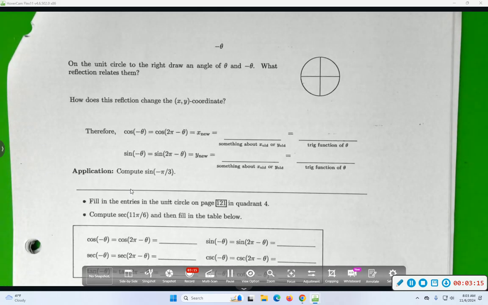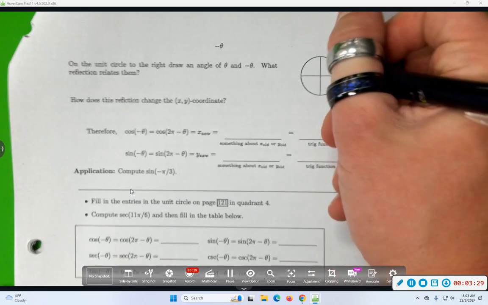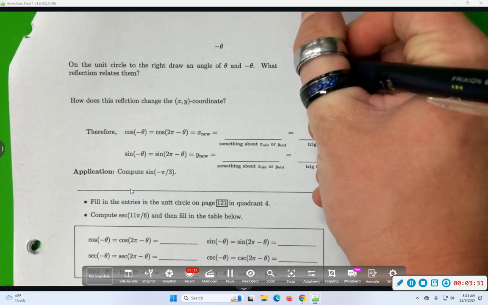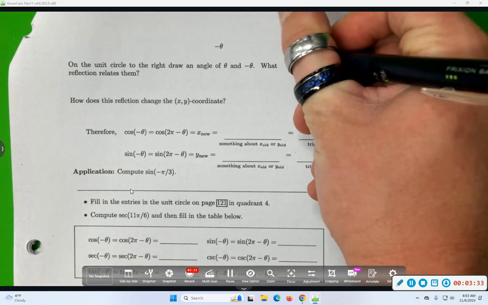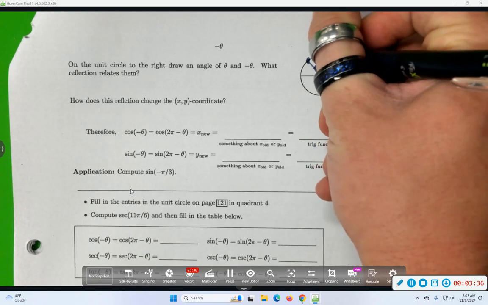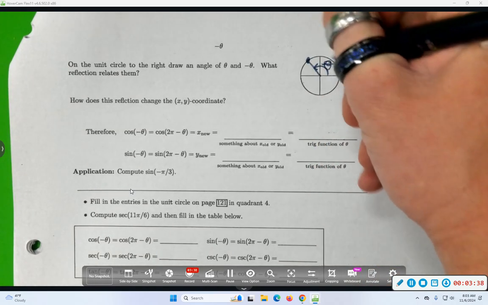Minus theta. So let's try to figure out what happens when you take an angle and replace that angle by negative theta. And maybe it's right to start by drawing a picture. So if theta is just some angle, then rotating by that angle theta means rotating counterclockwise, let's say that far. So there's this angle theta.